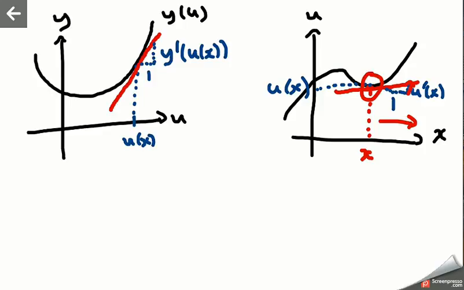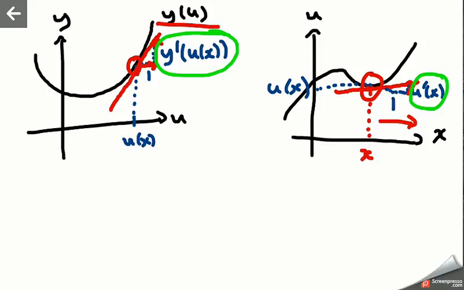And so at this particular moment, as u of x increases by 1 unit, the tangent line is increasing by y prime of u of x. And so as x increases by 1 unit at this moment, to find out what the slope of the tangent line is relative to the variable x, we better multiply this guy here by this guy here, because that's going to tell us how much it's increasing in total.